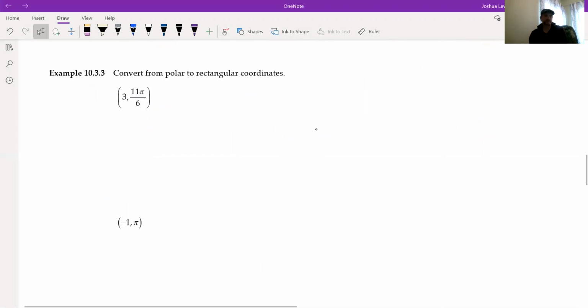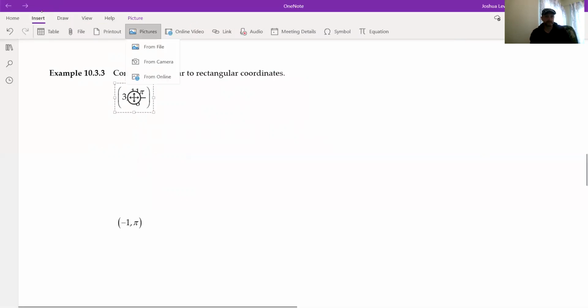So we have 3 and 11 pi sixths. So let's think about where that is, right? 3 and 11 pi. You know what? Let me draw a little better axis there. You know what I'm going to do? I'm actually going to do this. Let's see.